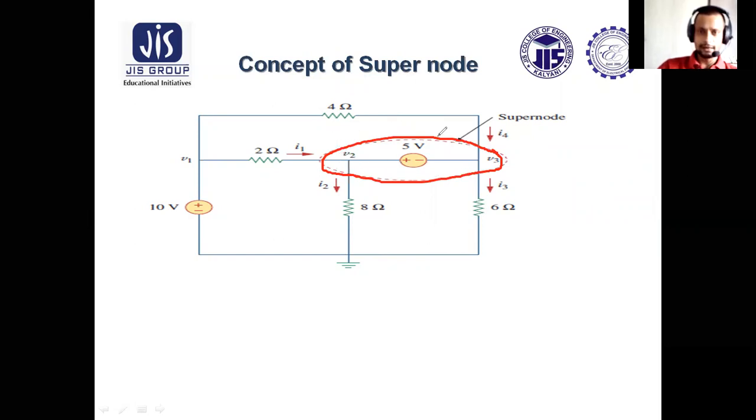This red circle shows this as a whole a single node. So for this single node, I1 entering, I2 leaving, I3 leaving, and I4 entering. So for this supernode, I1 entering, I4 entering, that should equal I2 leaving, I3 leaving.